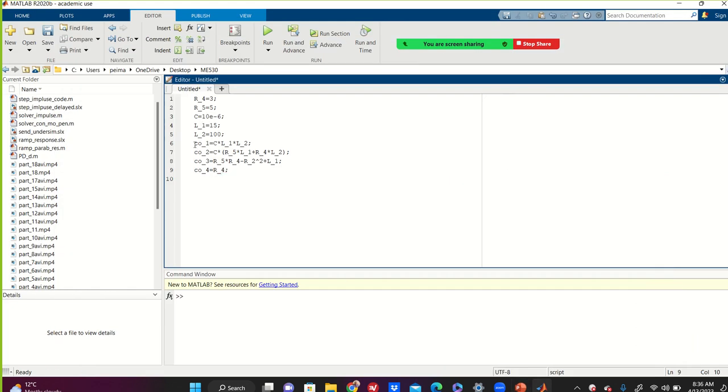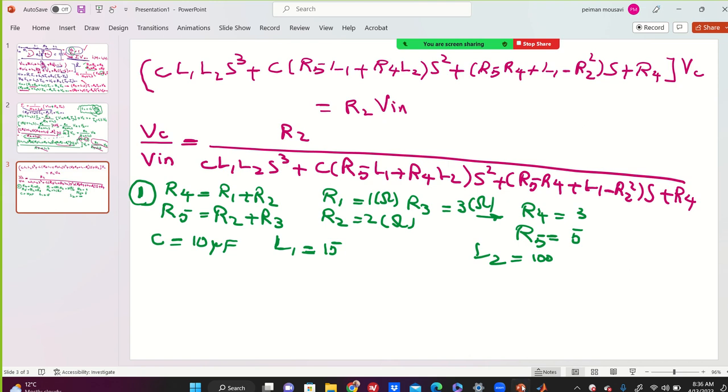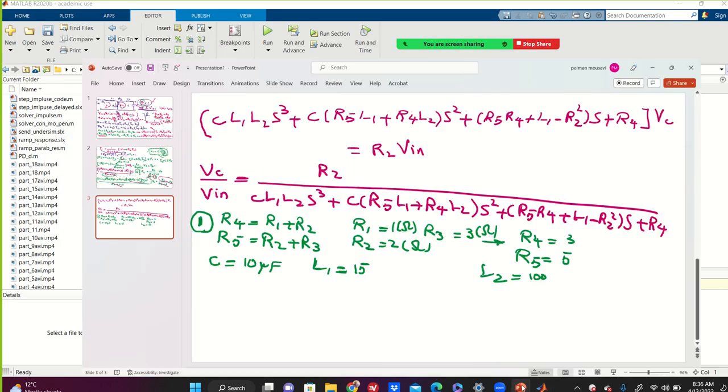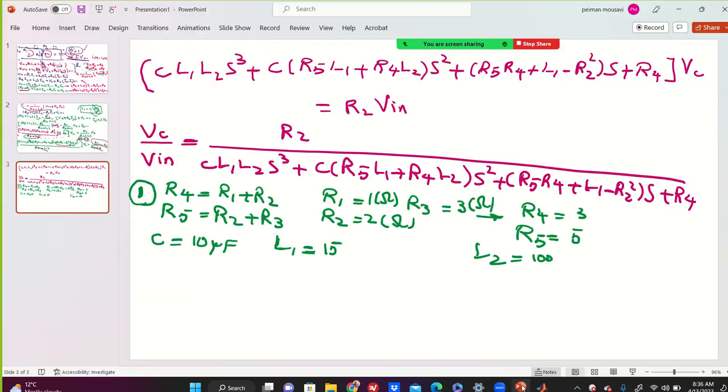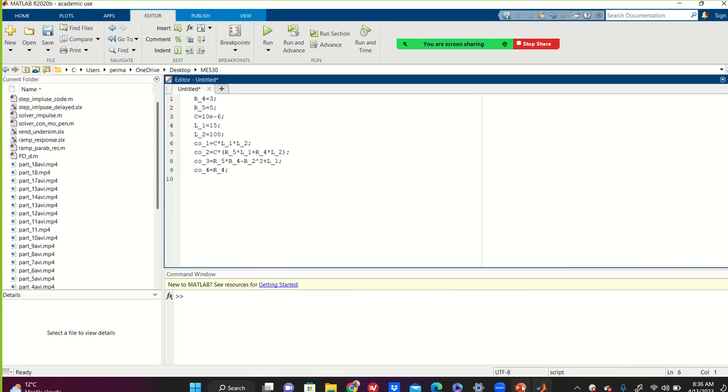Everything is right? I wrote here C L1 L2, C R5 L1 R4 L2, R5 R4 minus R2 squared plus L1 and the R4. That's right. Everything is right. Let me double check. C L1 L2, C R5 L1 R4 L2, R5 R4 plus L1 minus R2 squared plus R4. Okay.